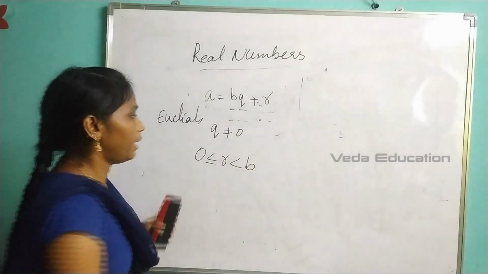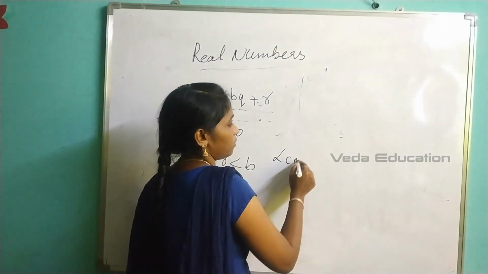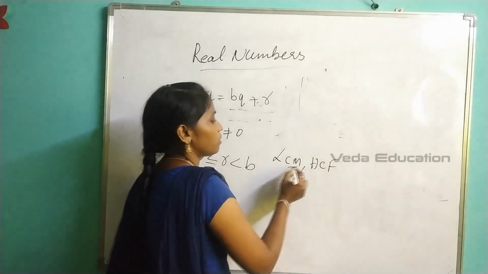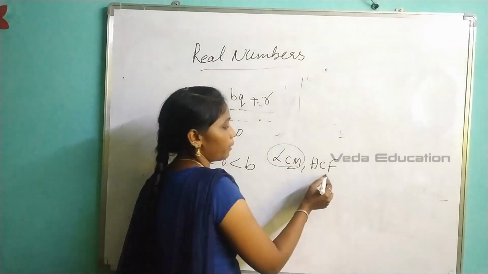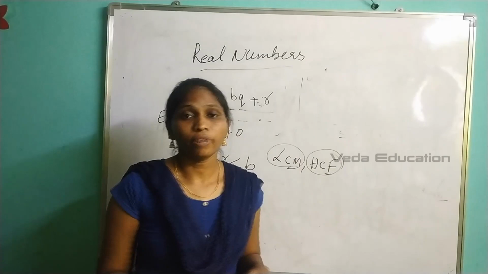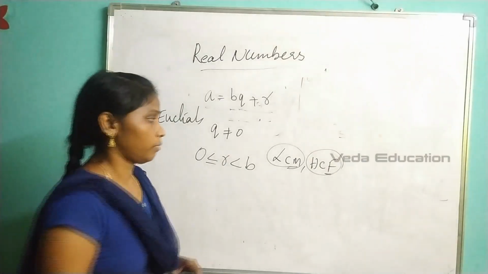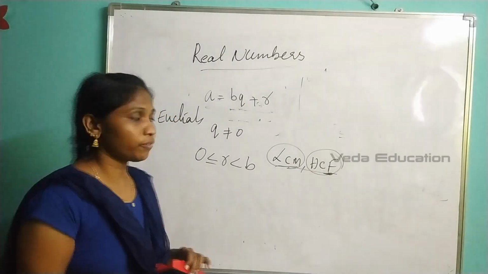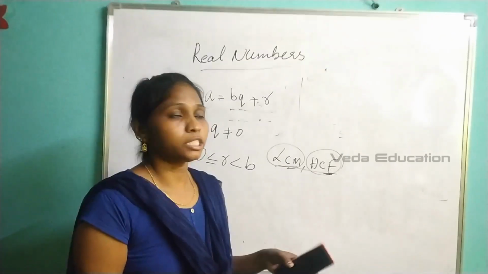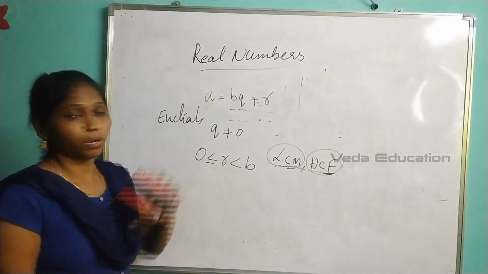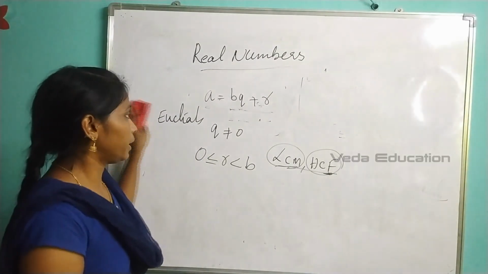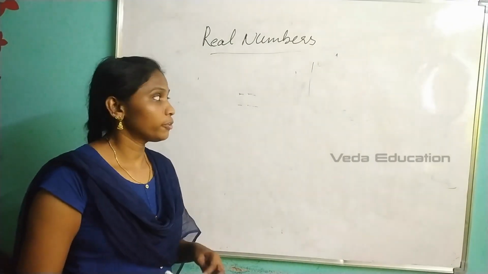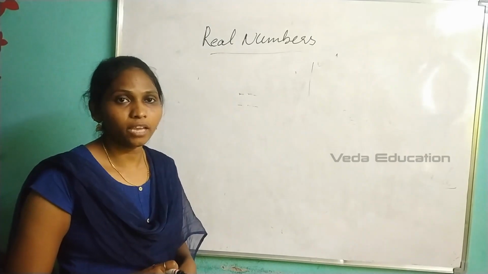Earlier we learned LCM and HCF. By using multiples, we solve the least common multiple, and by using factors, we find the highest common factor. But without using multiples and factors, we can solve LCM and HCF by using Euclid's formula. How to use Euclid's division lemma to solve HCF?